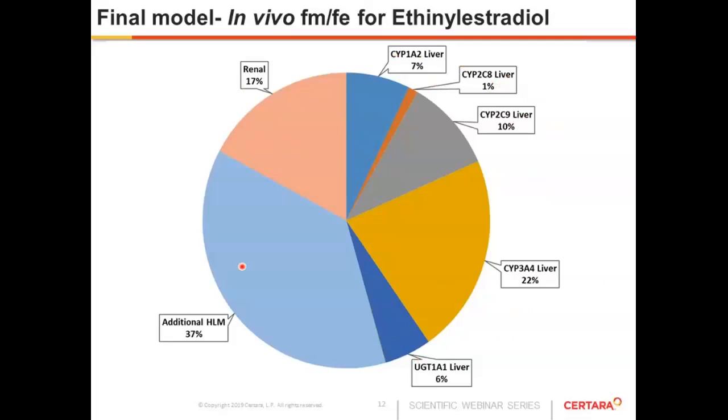Now, this additional HLM portion represents the sulfation. The reason why sulfation is not mechanistically assigned to particular enzymes is because it's still unclear which particular enzymes are involved in the metabolism of EE.